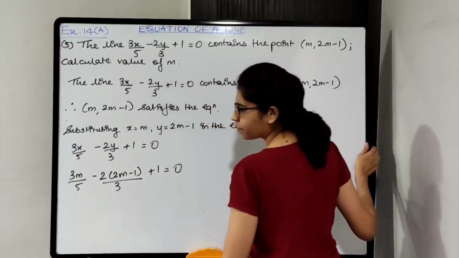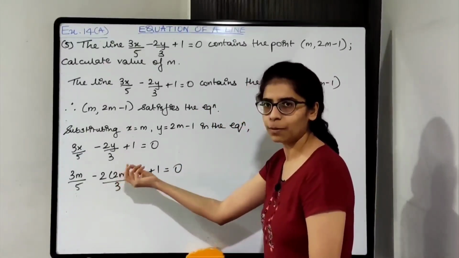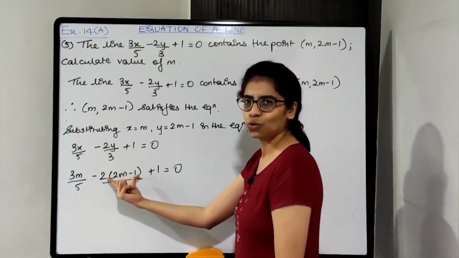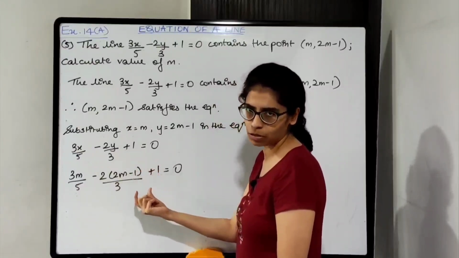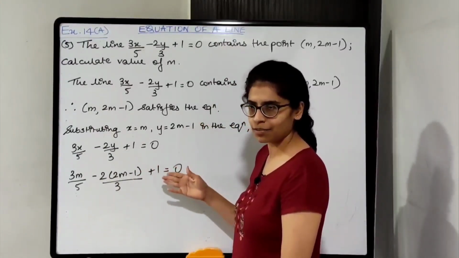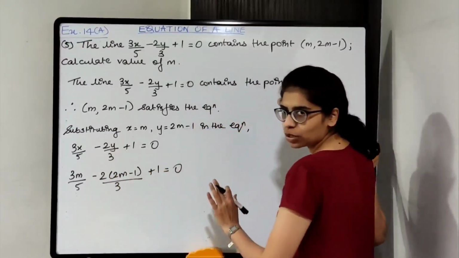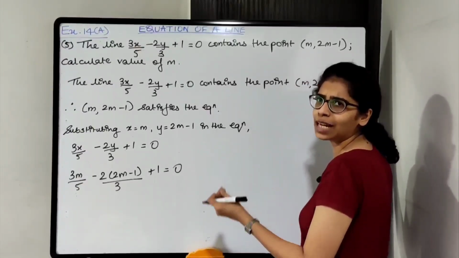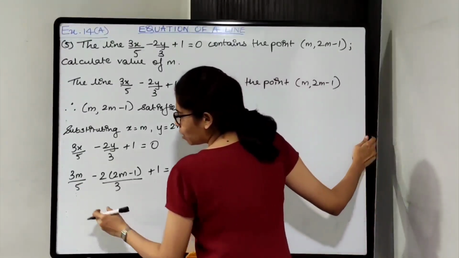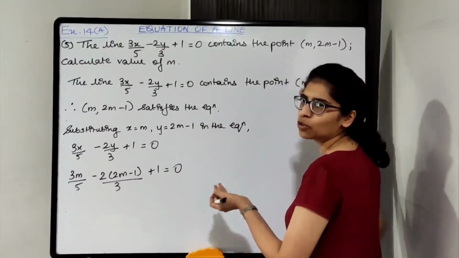Put it in brackets because two terms are separated by a sign, so you have to multiply the number outside or the sign outside with both the terms. Signs and everything will change when you open the brackets. So put brackets if there is more than one term or a negative sign. Over here denominators are different, so we'll take LCM. 5 and 3 LCM will be 15.